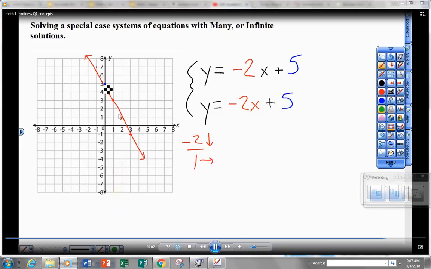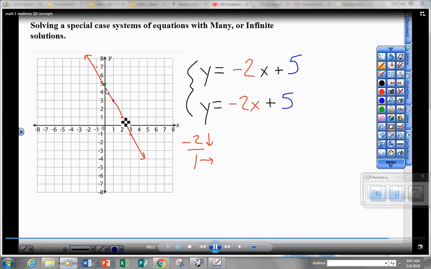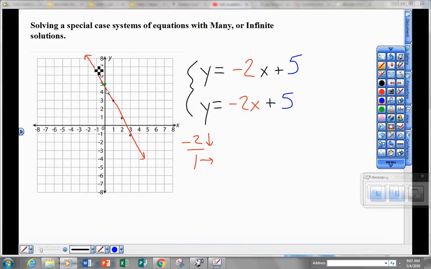So when I graph my second equation, same y-intercept, and then that same pattern of going down 2, right 1, gives me the same line, intersecting lines. Infinite solutions. Anytime you have overlapping lines, infinite solutions.